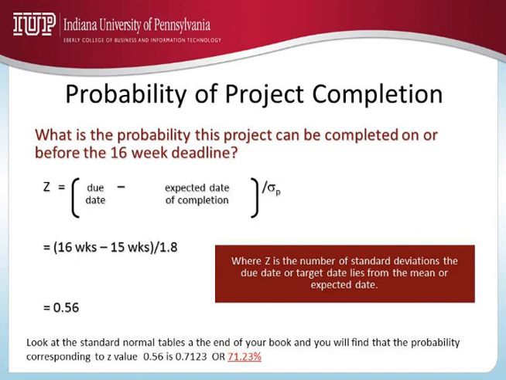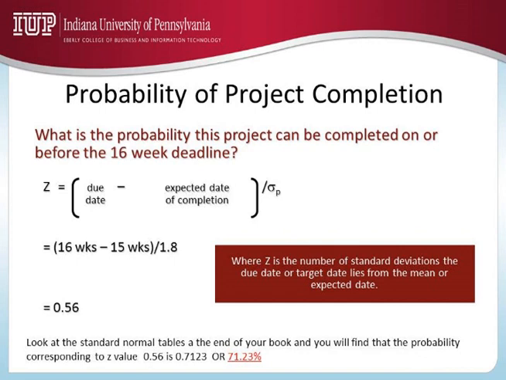Now let me give you one last thing to solve. Instead of finding out what the percentage is or the probability of completion is given a due date, what if the manager says, I want to be done with this project with 95% probability. Tell me what the due date should be.